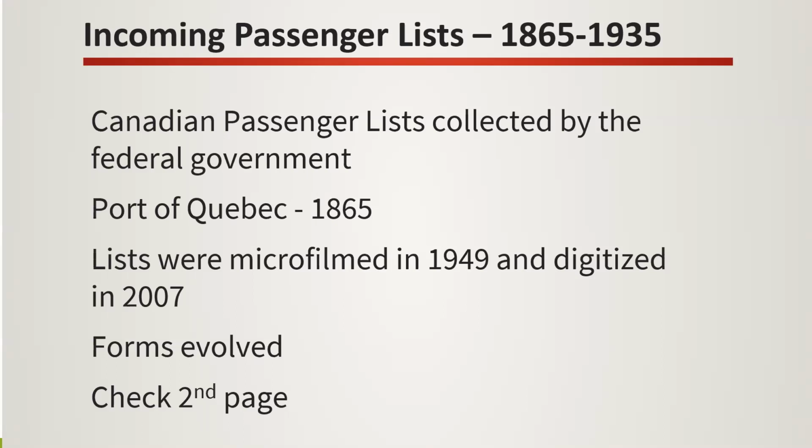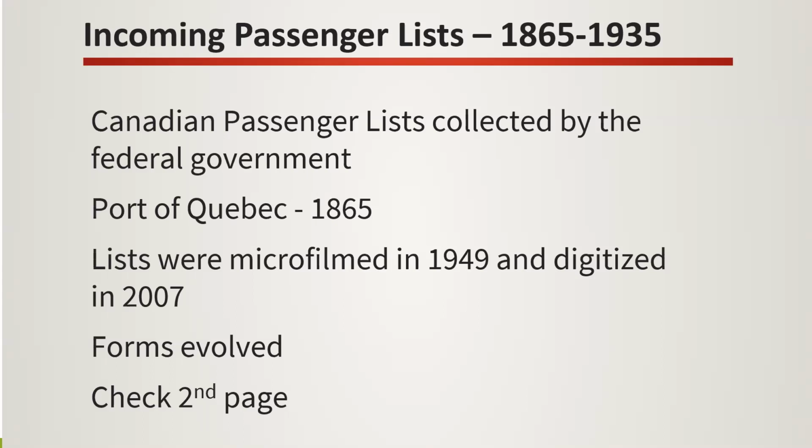Actually, sorry, through the Immigration Department of Canada. You can do it online now if you're looking for after 1935. And the earliest port in Canada was the Port of Quebec in 1865.